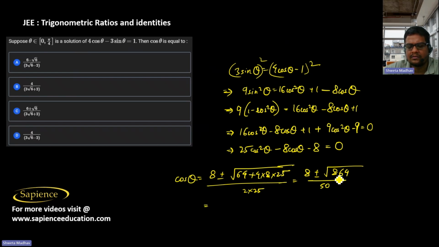This we can write by taking the factors of 864. It is 2 to the power 5 into 3 to the power 3.